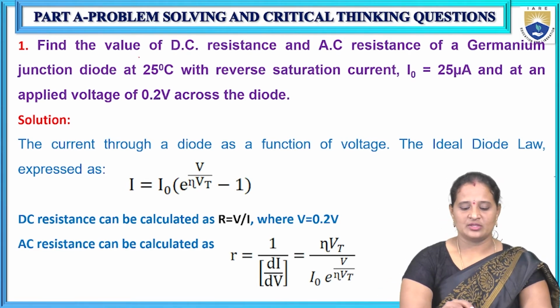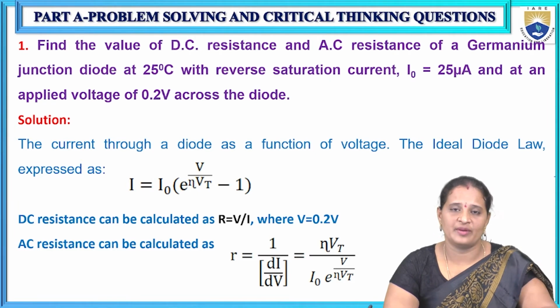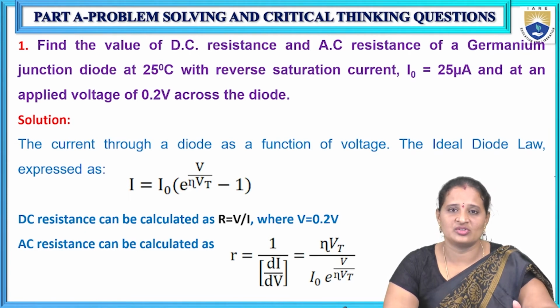So for solving these problems, first we need to be familiar with all the formulae of PN junction diode, like what is the current flowing through the PN junction diode, dynamic resistance and static resistance, how to calculate, and all. We have to be aware.